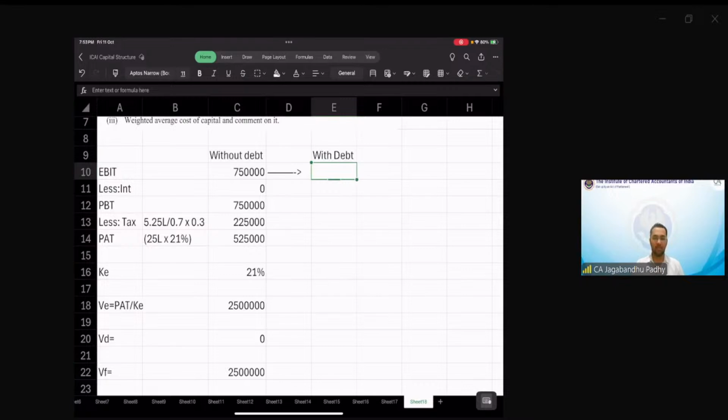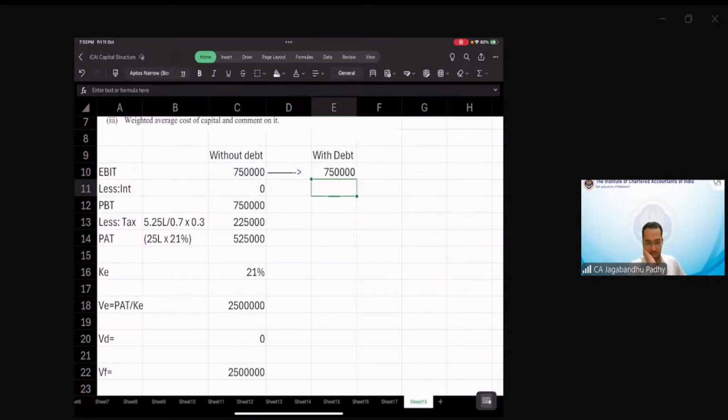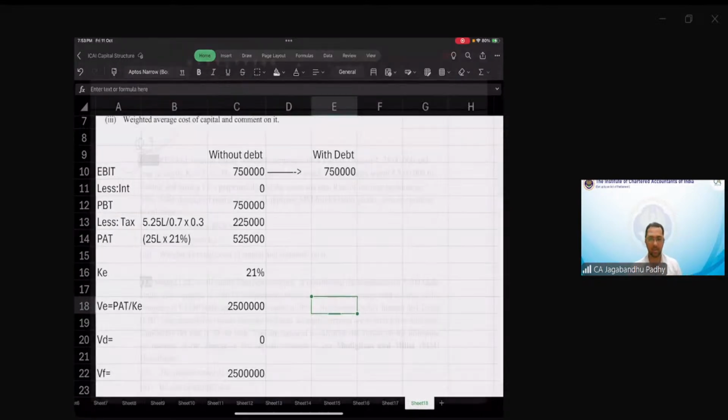If the company is having some amount of debt, it will obviously be retaining the same EBIT position, but there will be interest and the rest part of the income statement is going to change because of the debt in the company, right? So what is the debt that the company is really looking for?